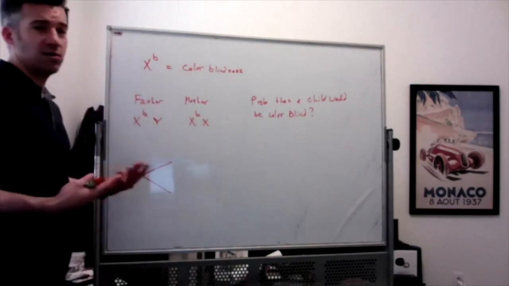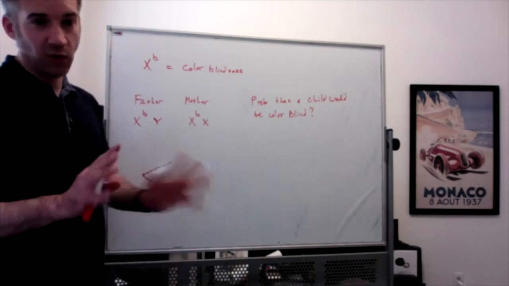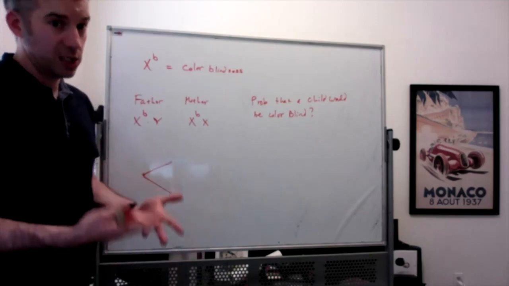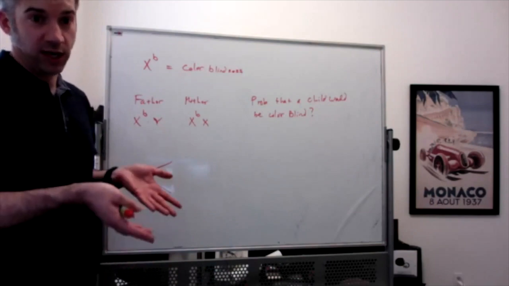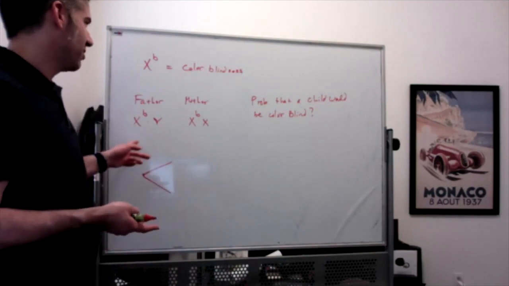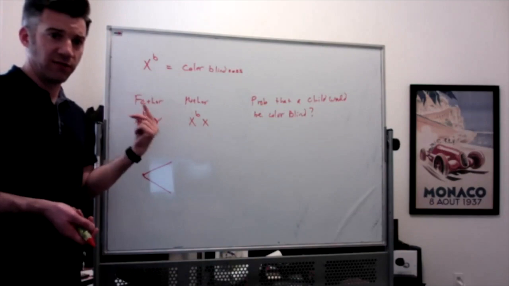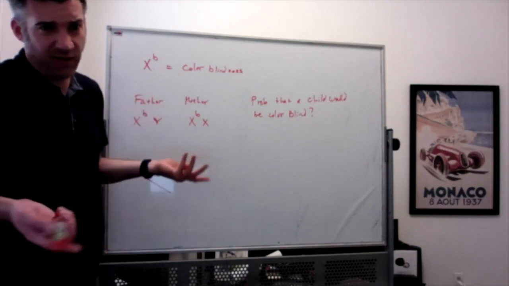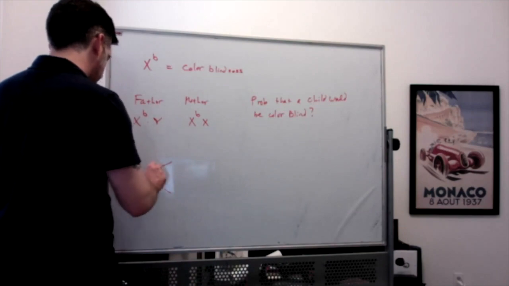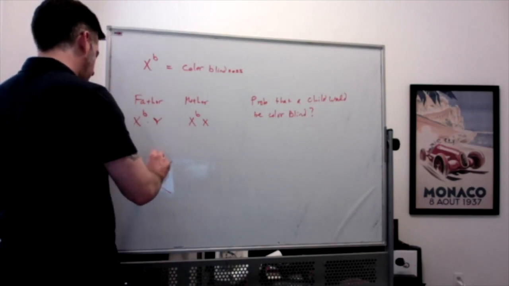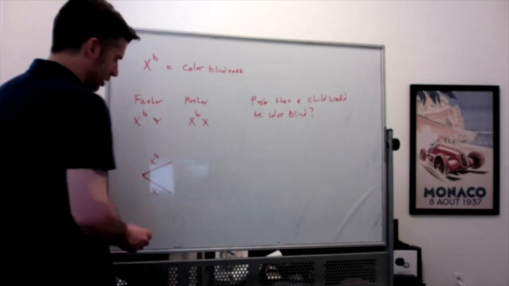So here it doesn't really matter which comes first. Like I said, with most trees, when we're talking about conditional probability, it does matter which kind of branch is first. But here it doesn't. We're not thinking of the mother contributing her gene first and then the father, or vice versa. It's just whatever. So let's do the mom first. The mom can either give a colorblind gene or a not colorblind gene.